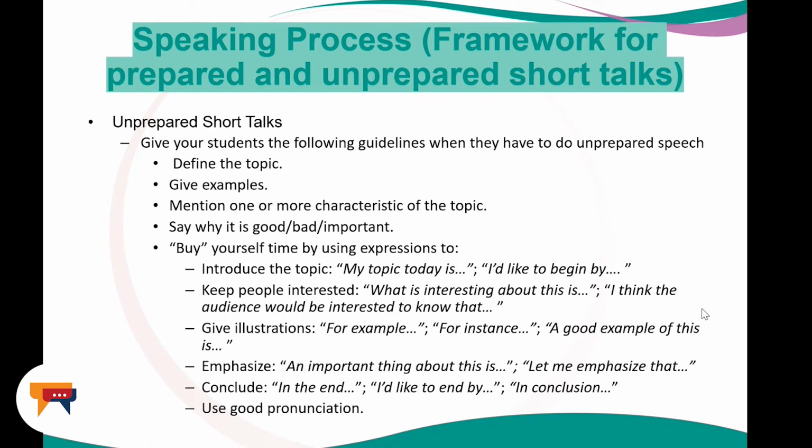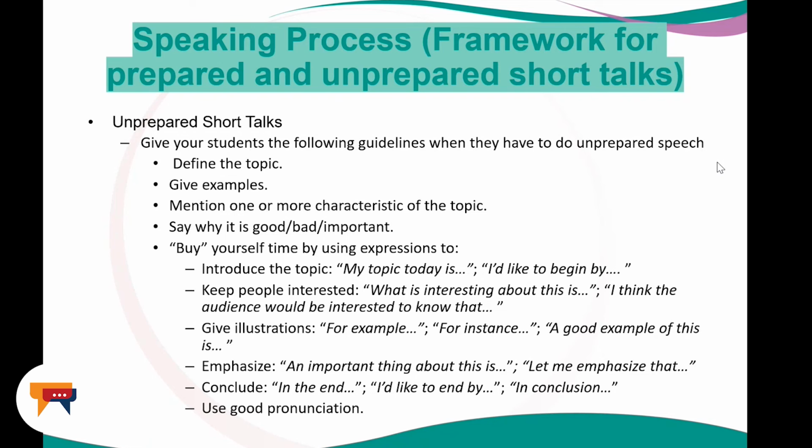Okay, so give your learners the following guidelines when they have to do an unprepared speech. Define the topic, give them examples, mention one or more characteristic of the topic, say why it is good, bad, or important. Okay, so for example, if you are doing an unprepared speech on global warming, you will obviously define what is global warming, show them some examples, mention one or more characteristic of the topic.